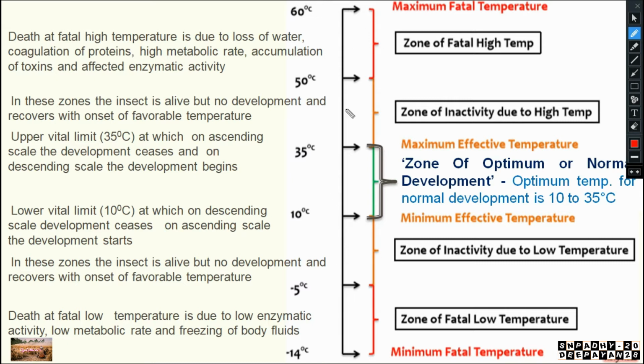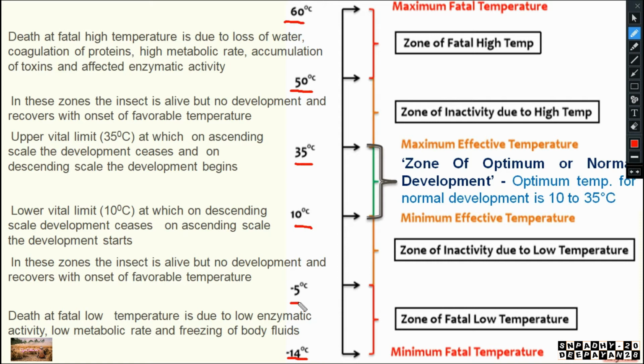This gradient is divided into six subcategories. The range is from -14 to 60. In between, 50 is there, 35 is there, 10 is there, -5 is there. According to this temperature range we will categorize the normal temperature preferandum, how they are classified.